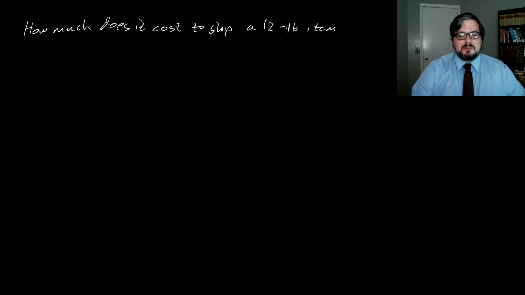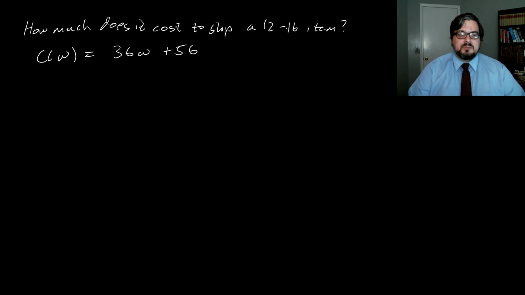So next we ask, how much does it cost to ship a 12-pound item? We know that the cost for a weight of W pounds is 36W plus 56.